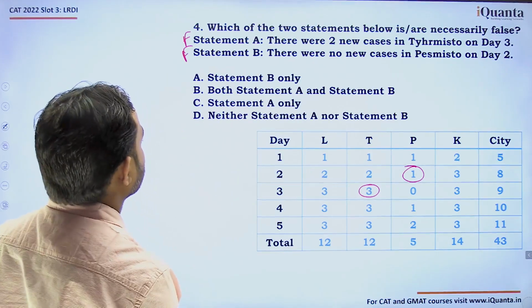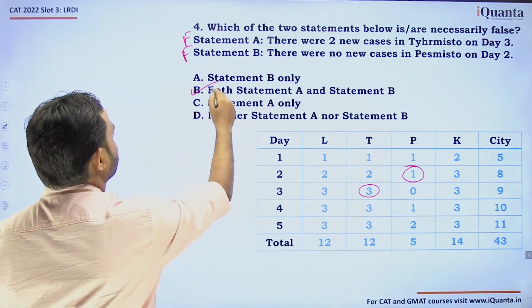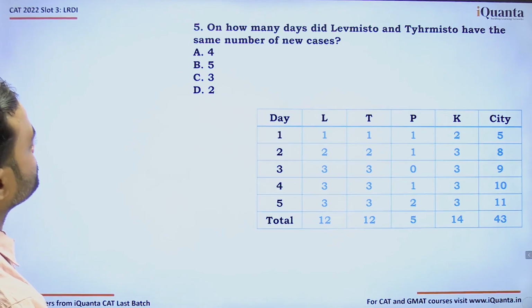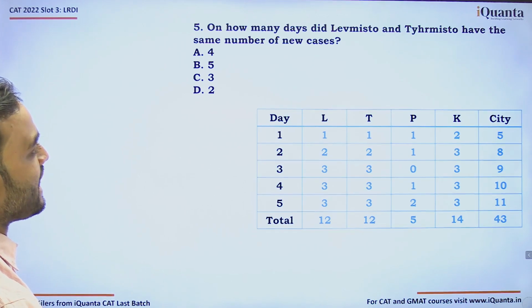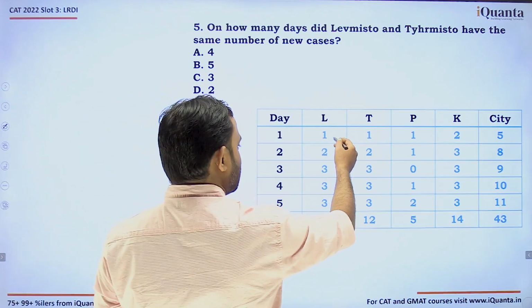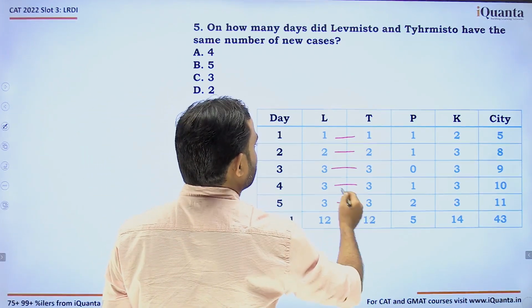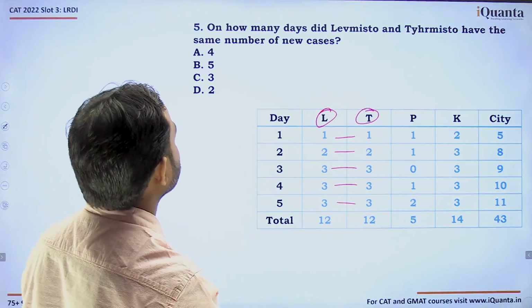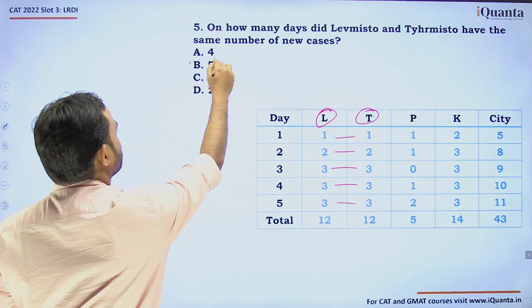So both statement A and B are false. Option B is correct. Last question, question number 5. It says, on how many days did Leominster and Termisto have the same number of new cases? So as you can see, all the 5 days L and T have the same number of new cases. So answer is option B, which is 5.